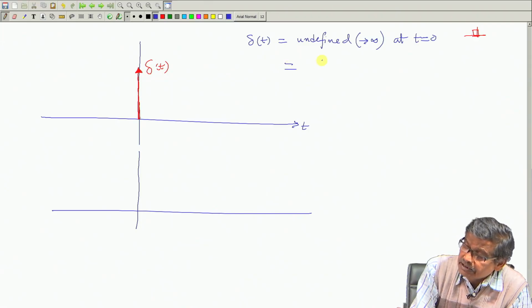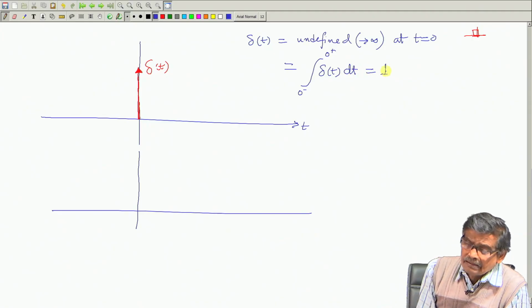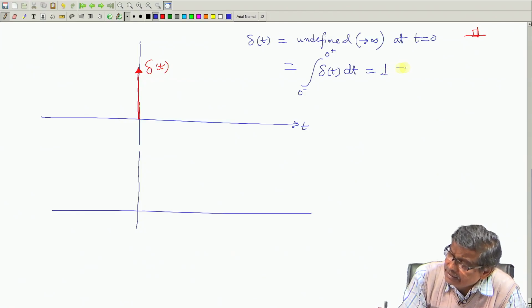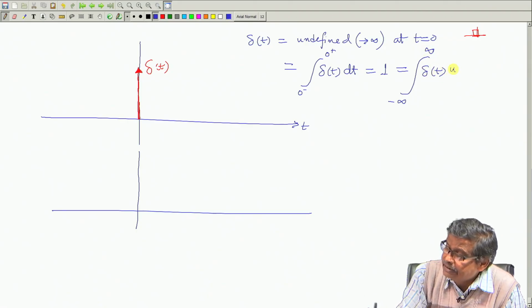But what is important is this calculation, 0 minus to 0 plus of delta(t) dt. This we have discussed in some detail earlier, this is equal to 1. And obviously, this integral from minus infinity to infinity of delta(t) dt is also 1.